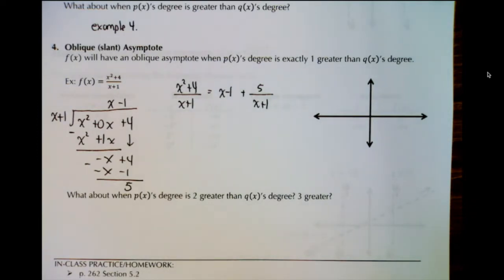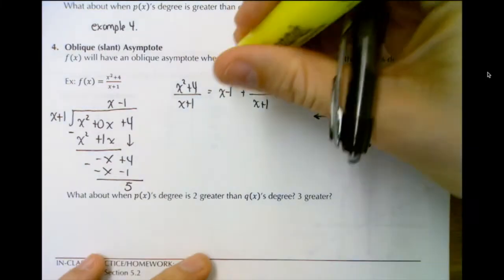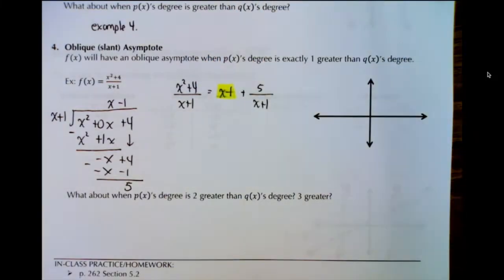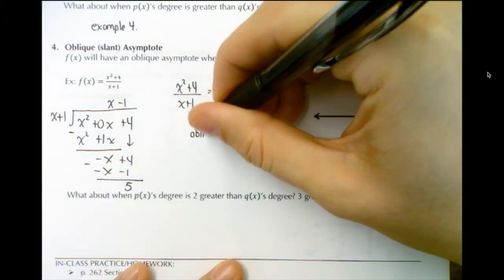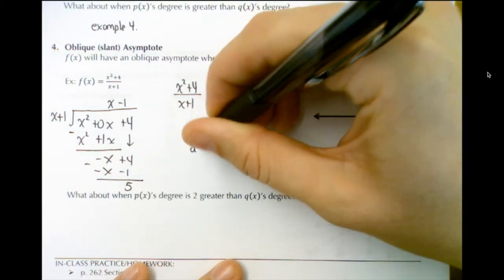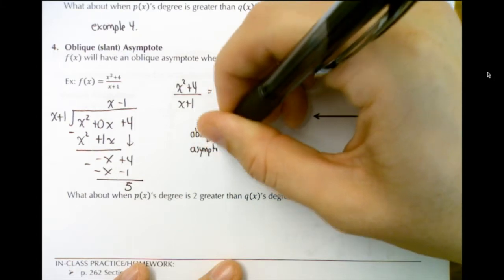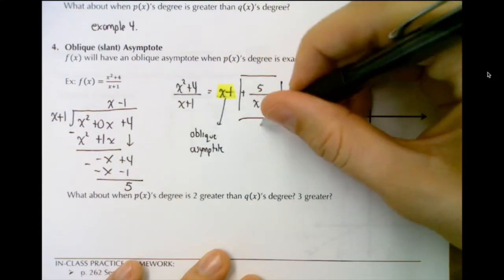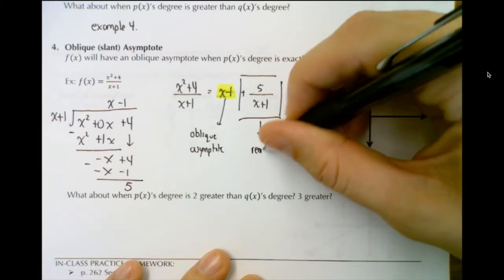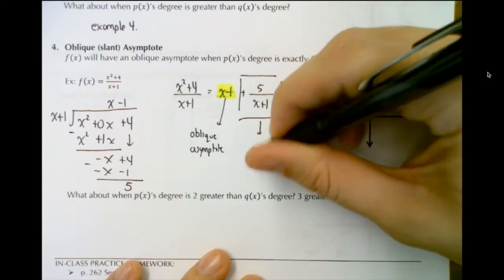And here we have two things. Our first part is x minus 1. This is the equation of the oblique asymptote. And this part is the remaining rational function.